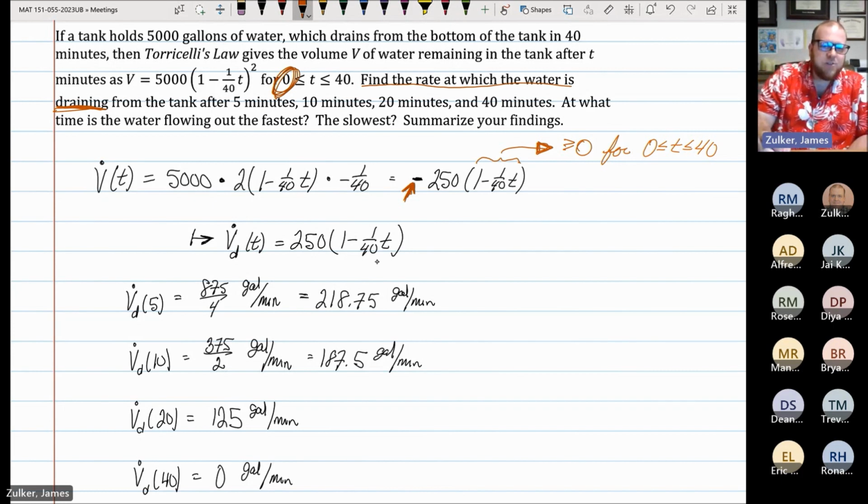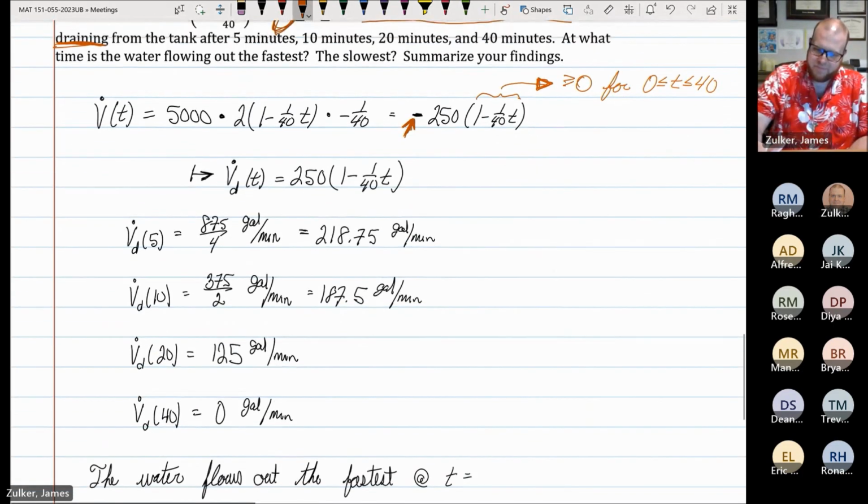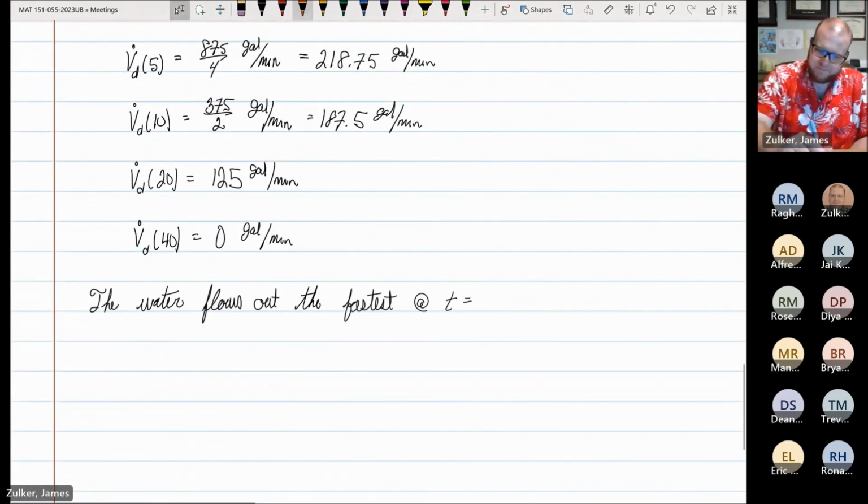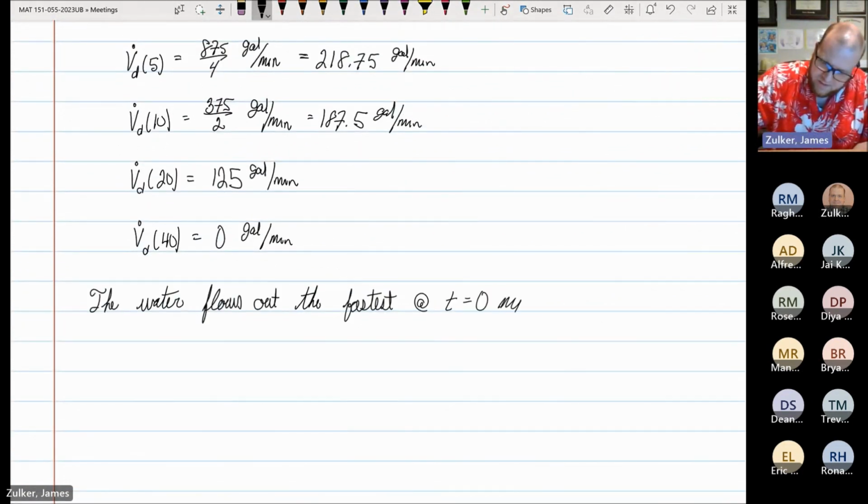Specifically, it's linear, it's the first power. The fastest flow rate is right when it starts at 0 minutes.